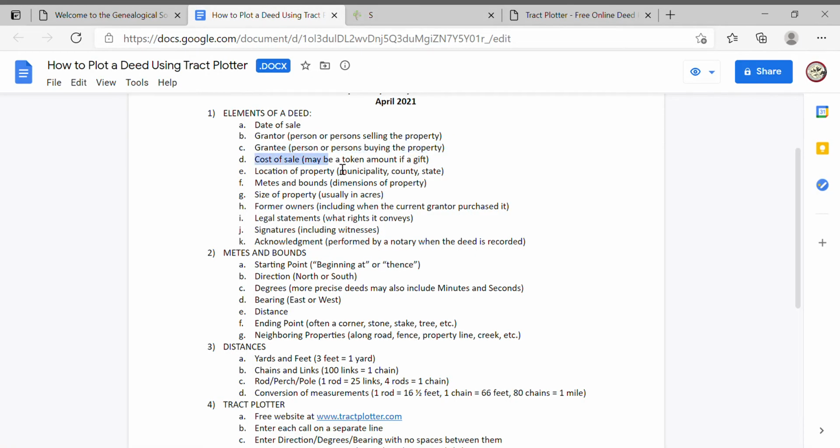This will include the cost of the sale, the location of the property, and eventually we're going to get to the meets and bounds. Right now, let's look at the next two sections.